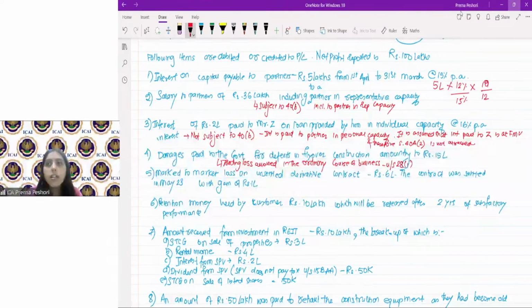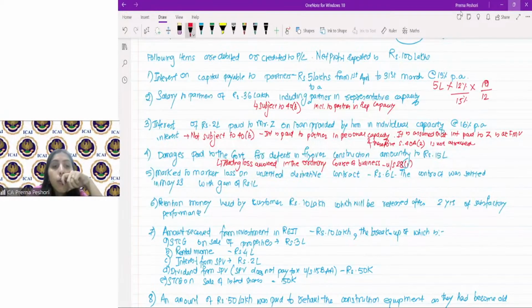This particular point is in relation to ICDS 1. The mark-to-market loss amounting to rupees 6 lakh in respect of an unsettled derivative contract. The contract was settled in May 23 with a gain.